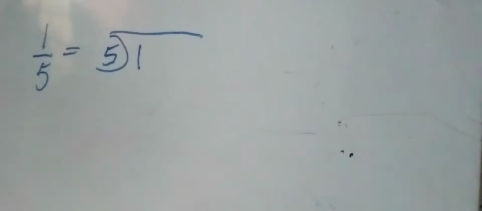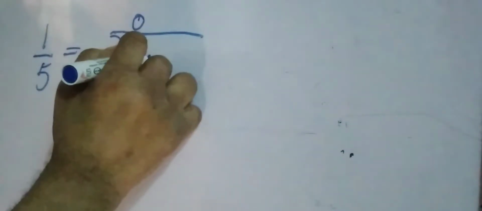This time it's going to be 1/5. Same thing applies. In this case, the numerator is 1, so the 1 is going to go inside. That's going to be the dividend, and the 5 is going to be the divisor. All right? So we're going to say 5 into 1. You can't. You put a 0. You put a point here.